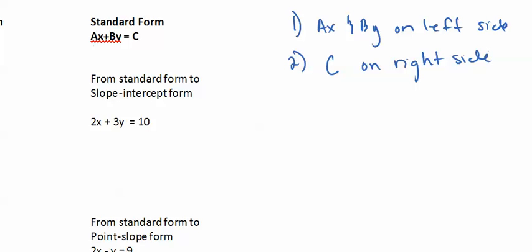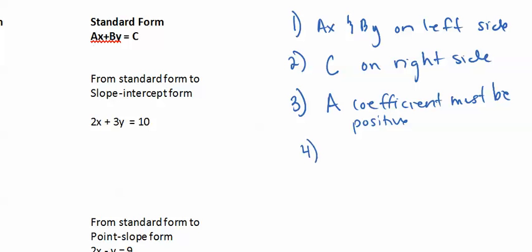And occasionally you may see it flipped around and it's still standard form, but all you have to do is rewrite it. And then 3, capital A coefficient. So the coefficient must be positive.